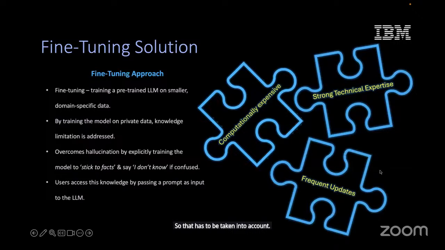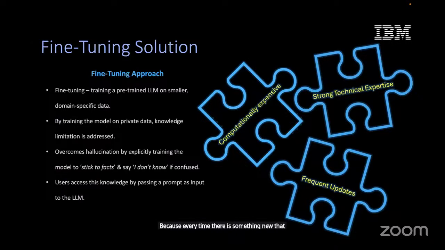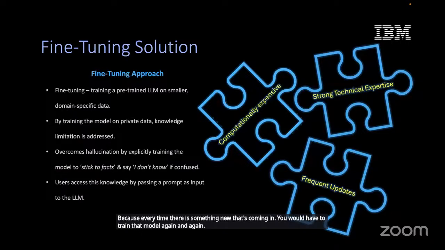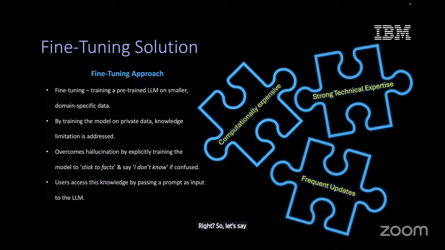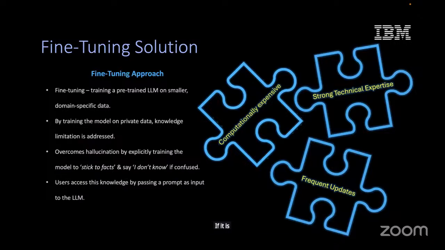And the last part is frequent updates. So this is more related to the knowledge cutoff part, because every time there is something new coming in, you would have to train that model again and again, right? So let's say you trained the model on the 1st of July, and after 1st of July, there were 3 major world events that took place. And if somebody comes in and asks questions related to that, if it is readily available on the internet, then the LLM might be able to pick it up.